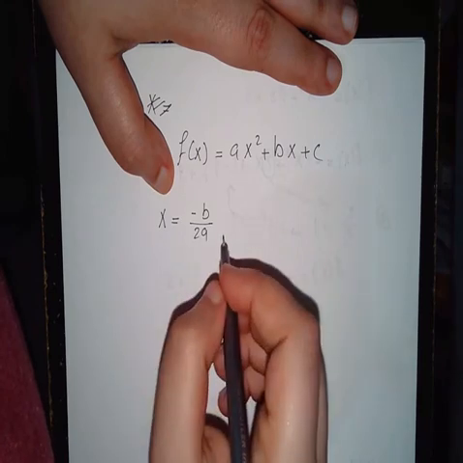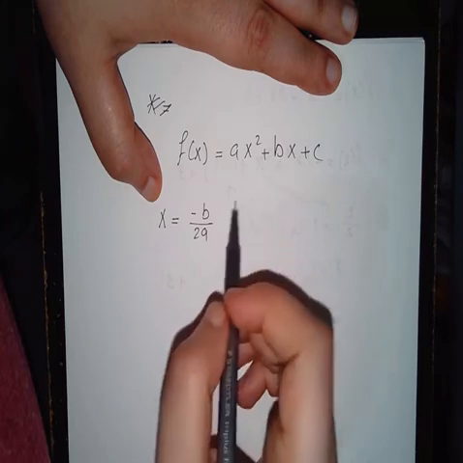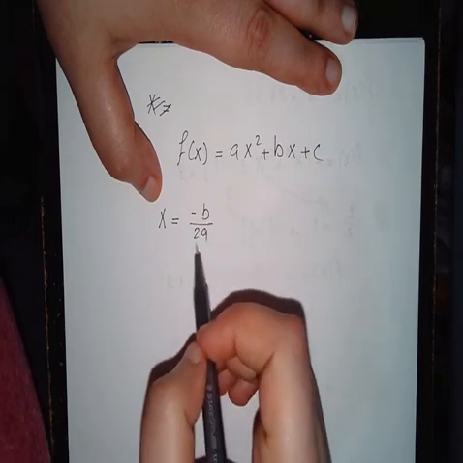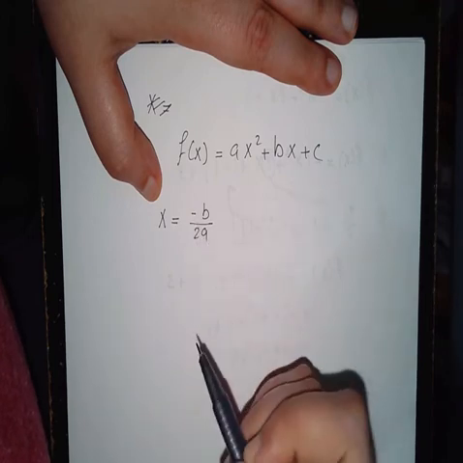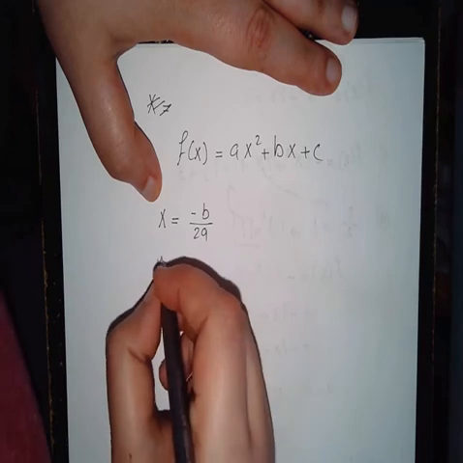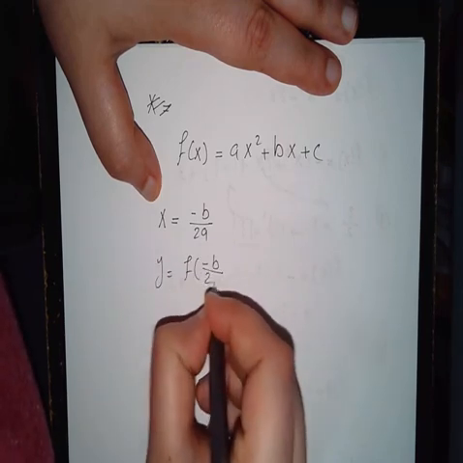Yeah, that's it. So to find x, you grab the b over here, you plug it in the top, and you grab the a and multiply it by 2 and put it in the bottom, and then set it to be negative. Okay, this is x. Y is f of negative b over 2a.